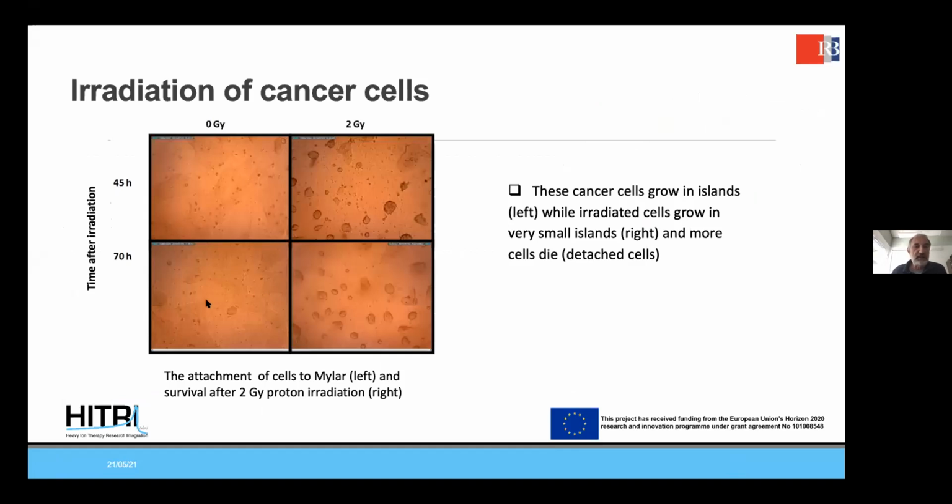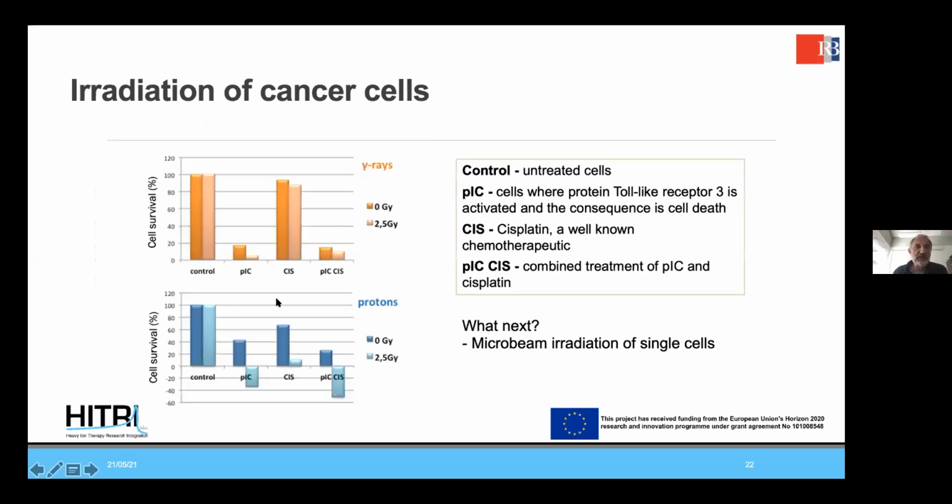This is just one example of the cells we have irradiated. These are some cancer cells, which I don't really remember. This was done quite some time ago. So this is just non-irradiated cells. Irradiated cells, these regions are actually accumulations of dead cells. And in that particular investigation, the control groups were groups that were only treated with chemotherapy, cisplatinum.